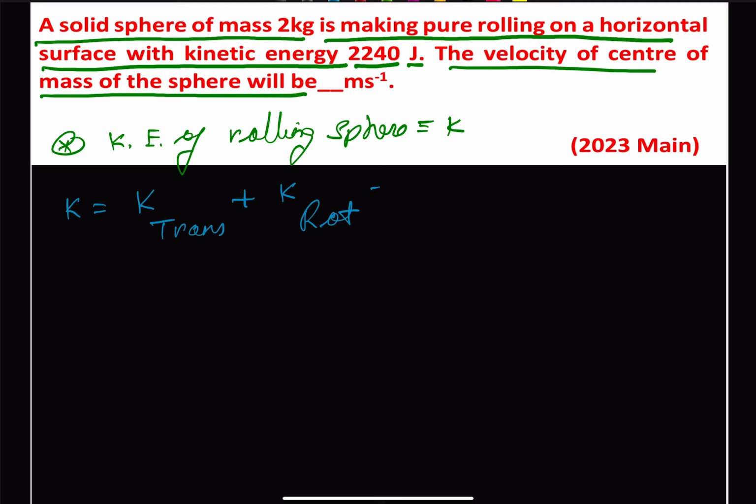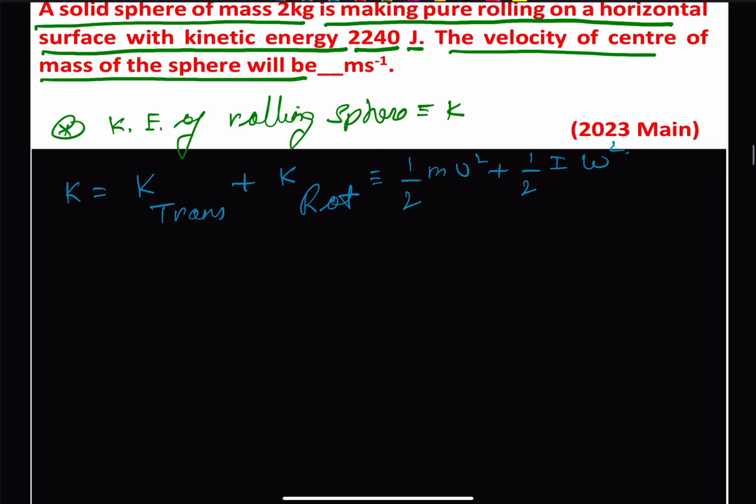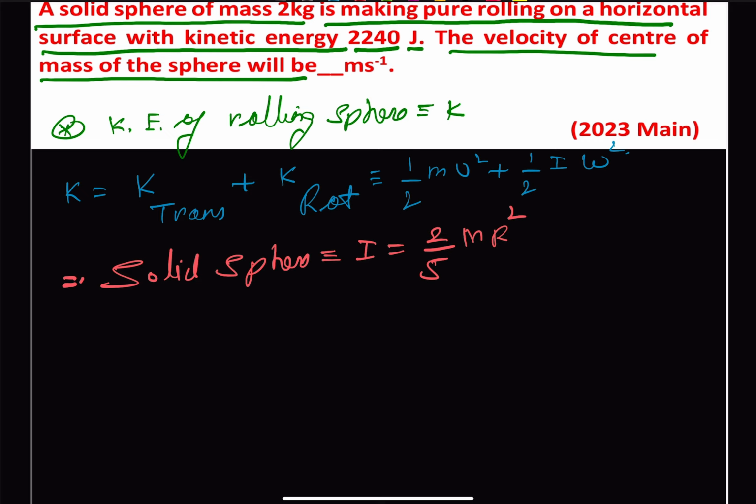We simply substitute the respective formula, that is half m v square plus half I omega square, and this is a solid sphere, so we know the moment of inertia. So for a solid sphere, the moment of inertia I is equal to 2 by 5 mr square. And for pure rolling, we also know that omega will be equal to v upon r.